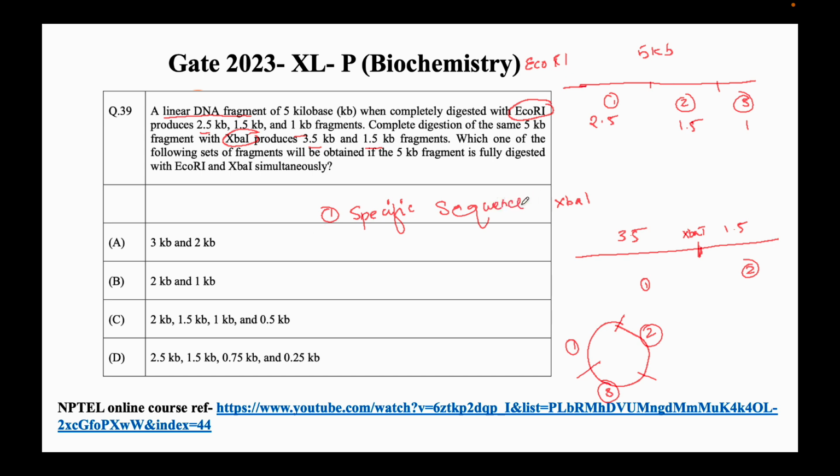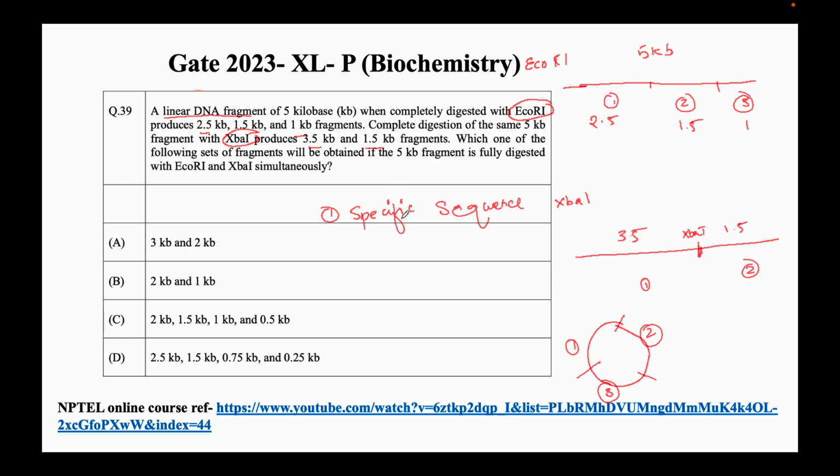So in the question they are mentioning 2.5, 1.5 and 1 kb fragments. So we shouldn't assume that these are the specific sequence in which the fragmentation is done on the linear DNA fragment.